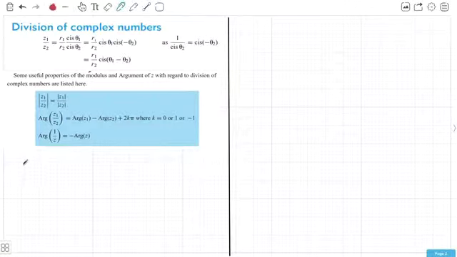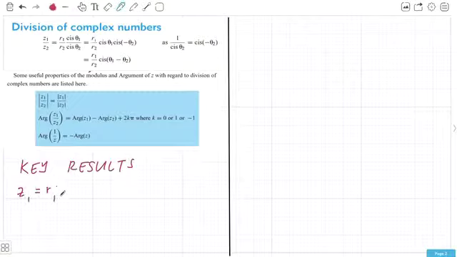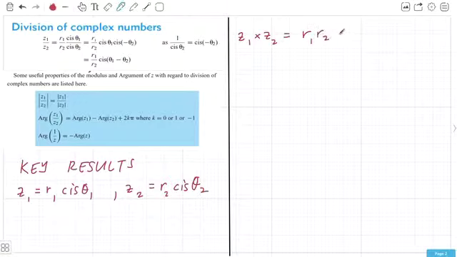So the key results that we're interested in here for multiplication and division is that if you have two complex numbers, z1 equals r1 cis theta 1 and z2 equals r2 cis theta 2, then if you're multiplying the complex numbers, you're going to have r1 r2, multiply the moduluses together, cis, and we add the angles together.